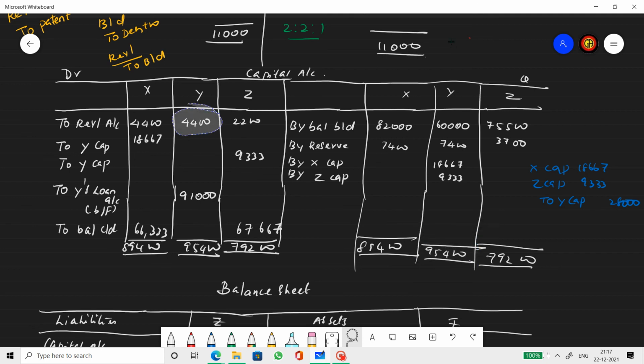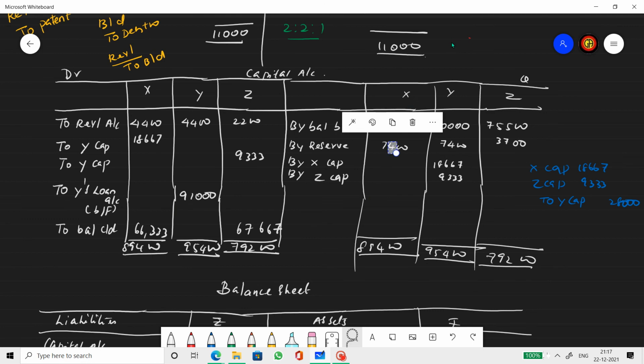Debit side 4,400. Therefore, the balancing figure is 91,000. Y is not going to be there in the organization from here on. So the balancing figure will be transferred to his loan account. So Y's loan account balancing figure is 91,000.